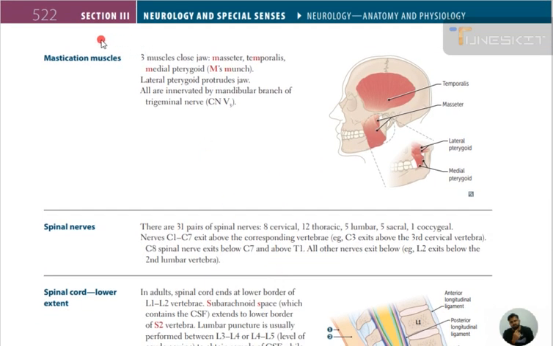So the muscles of mastication: there are three muscles which close the jaw: masseter, temporalis, and medial pterygoid. You should keep all these three in mind.